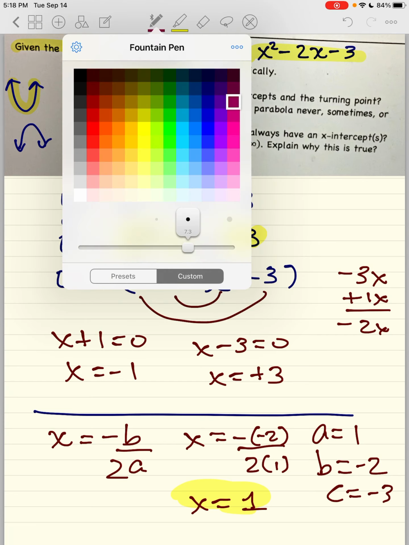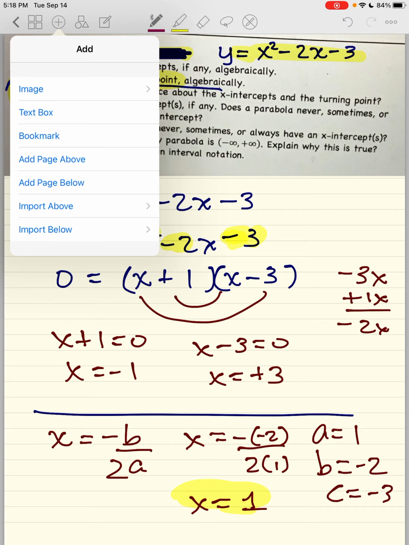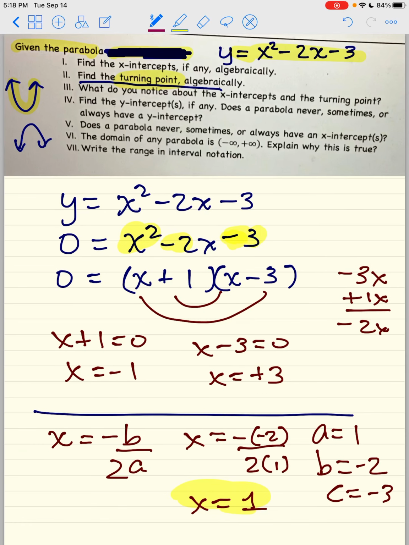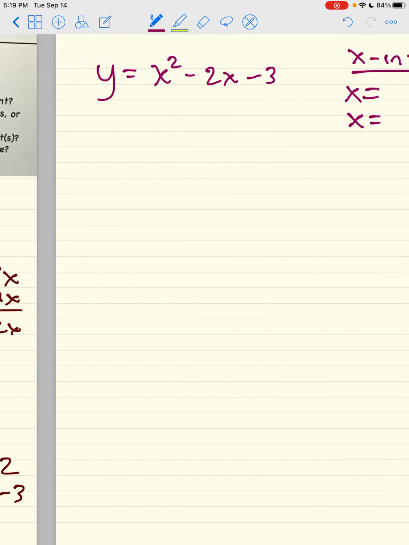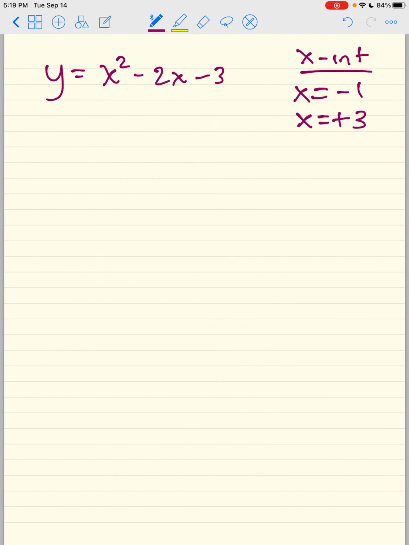So I'm running out of room. I'm probably going to go down to the next page. We're going to say y equals x squared minus 2x minus 3 has x-intercepts at x equals and x equals, we said negative 1 and positive 3. We said that there's a turning point.